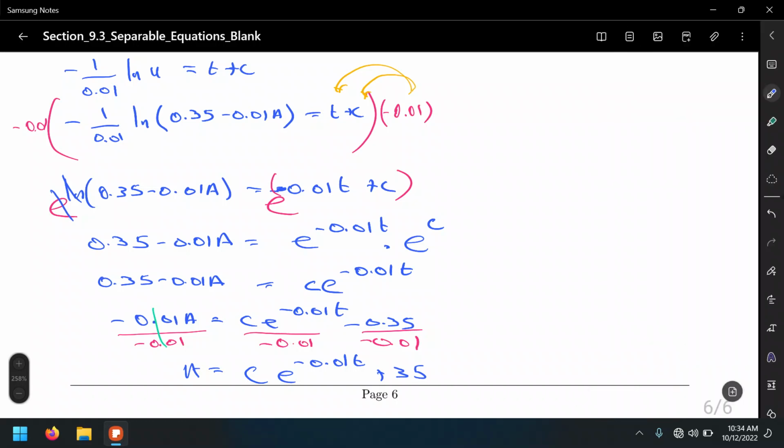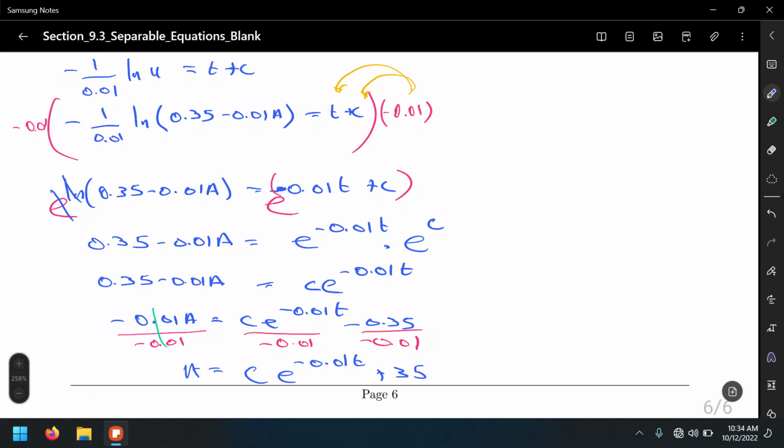Of course, we need a particular solution based on an initial condition in this case. But the trick here is, how are we going to get the initial condition? In the previous example, we had an initial amount of 15 kilograms of salt in the mixture. What do we have this time?